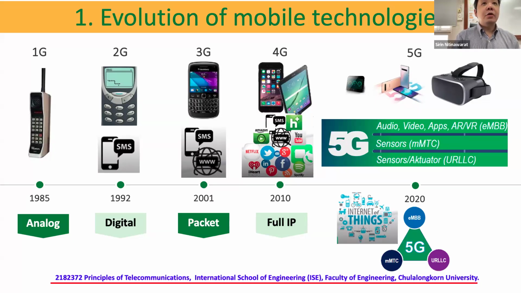And you all know that before 4G, the majority of the voice calls would be carried through the old telephone network, that is a circuit switching network instead of the internet.